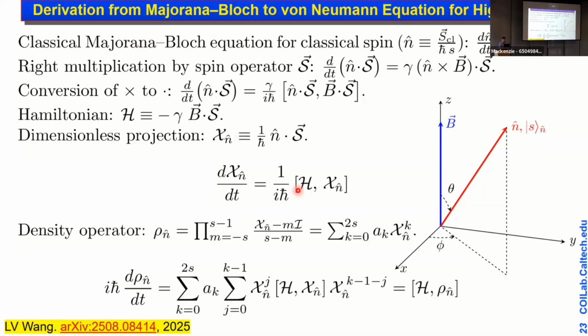But you get an equation that looks like the von Neumann equation, but not quite for the density operator. The density operator, it turned out, we can represent with a polynomial of this dimensionless projector. We can prove this in detail. Then in the end, you will get a von Neumann equation. So now we're projecting this to a higher spin, any spin.